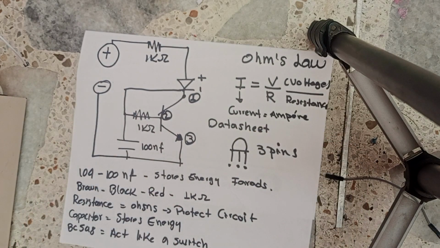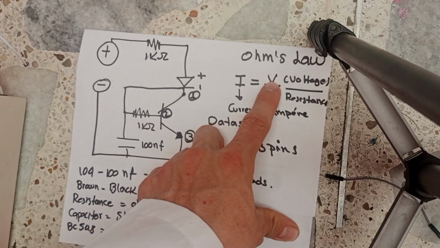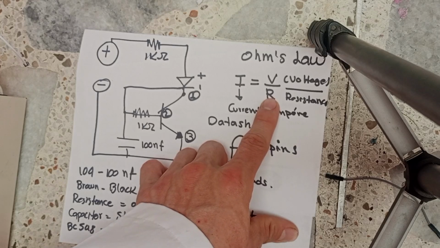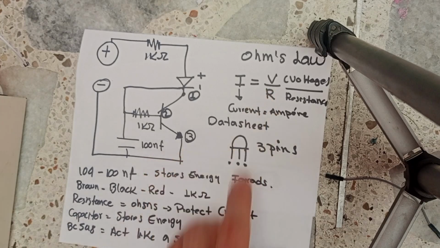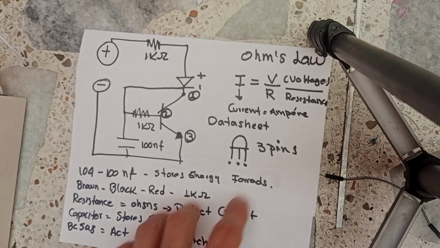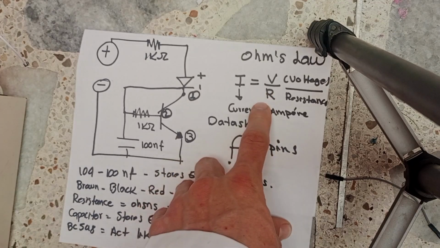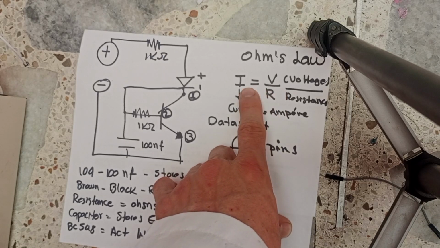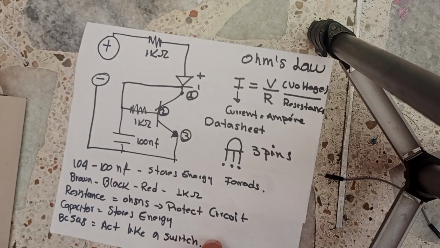The voltage is measured in volts, and the resistance is measured in ohms, right? Here, I can state that if I divide the voltage by the resistance, I'm going to get the intensity. This is pretty easy to understand, right?